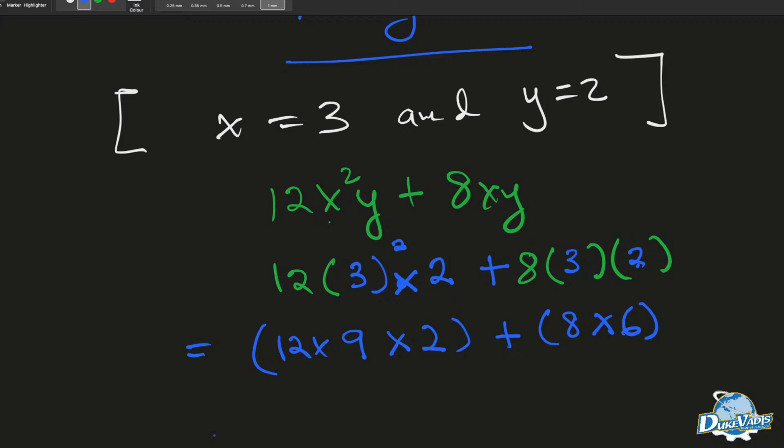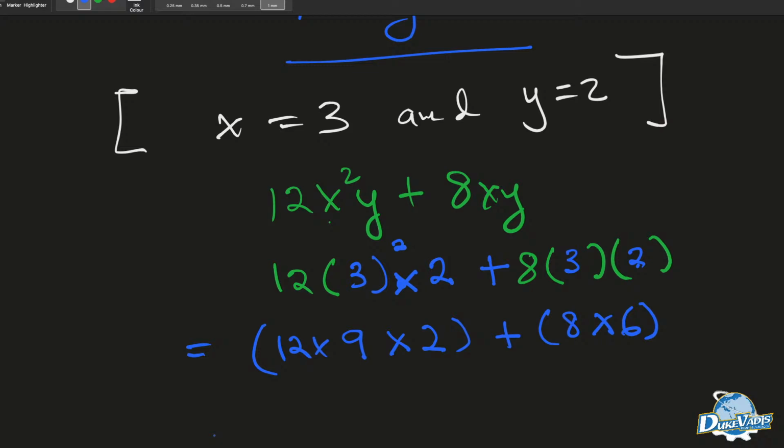Okay, then we do our calculation. We multiply 12 times 9 times 2. Let's see what we get. Use your calculator and let me see how quick you can get an answer for me.